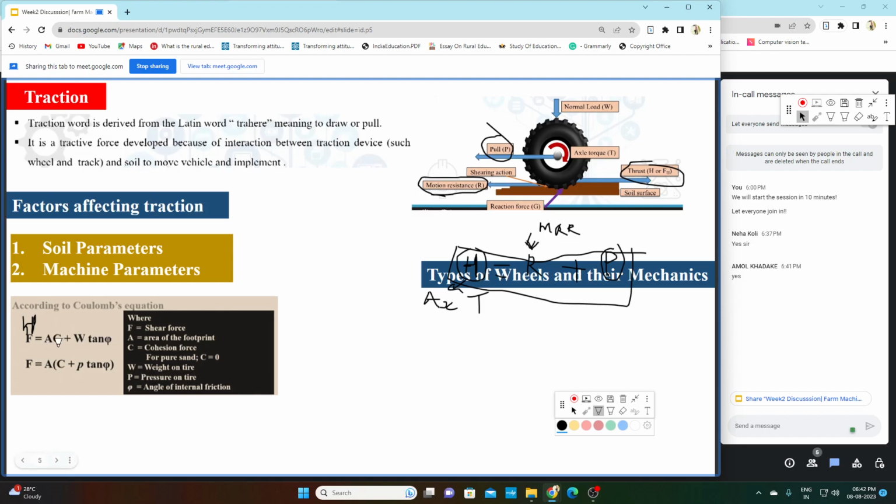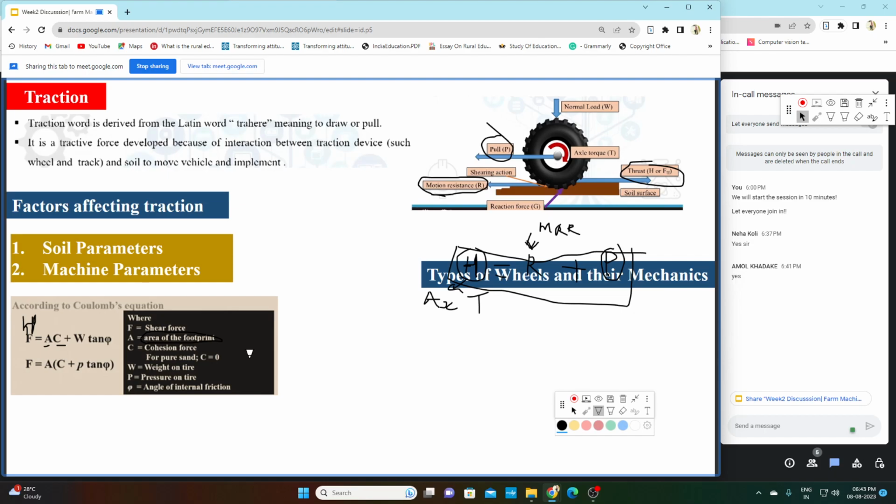Now what is this A? A is the contact area of the tire with respect to the ground, or you can say the area of footprint of the tire. Now what is this C? C is the cohesion force of the soil. Every soil has two forces: one is adhesion and the second is cohesion.